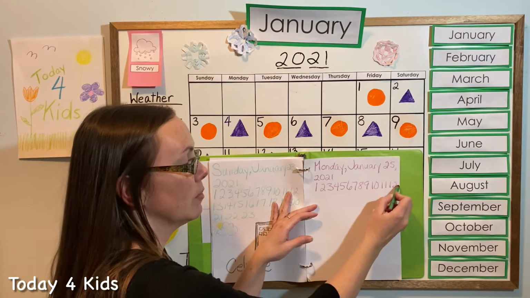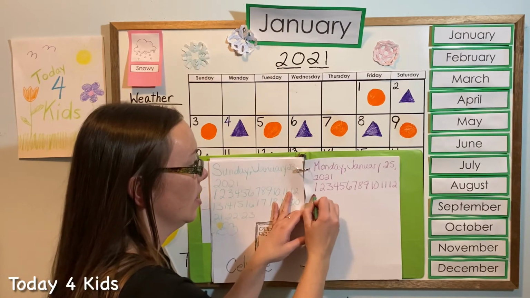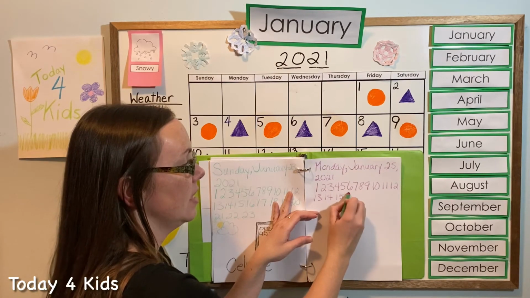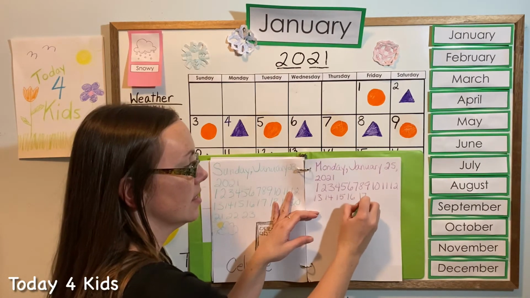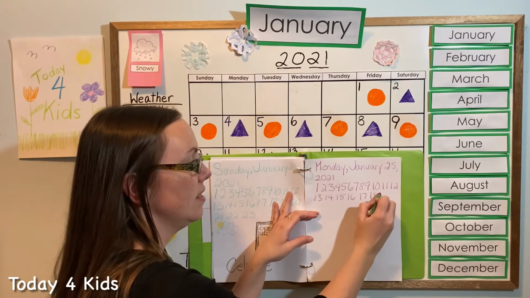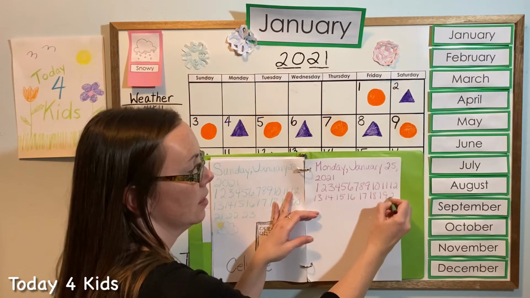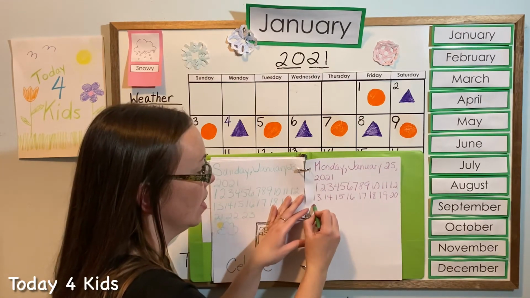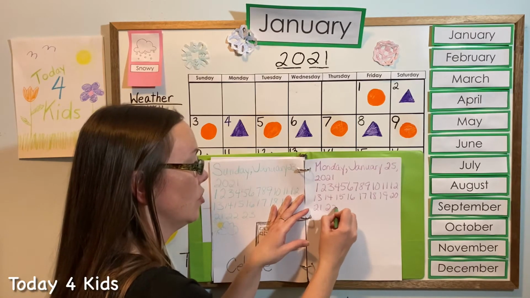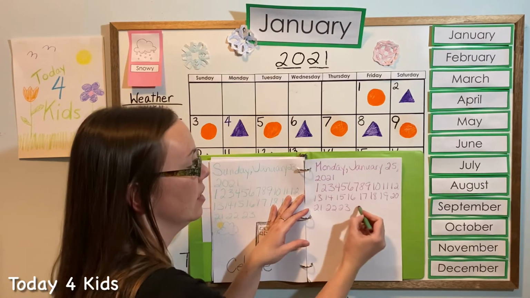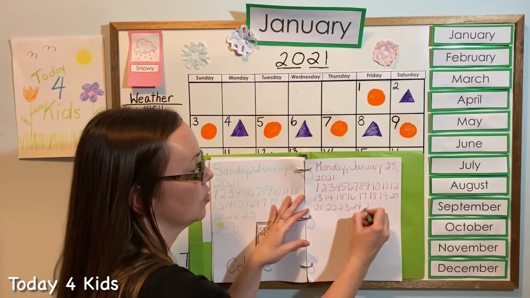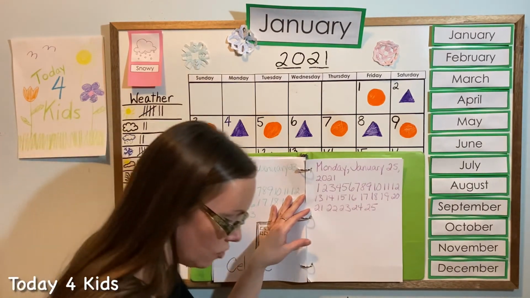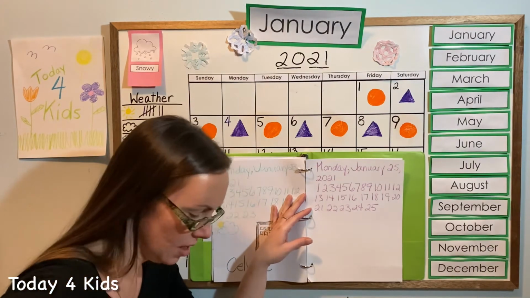I ran out of room, so I'm going to go down and come back to this side. 13, 14, 15, 16, 17, 18, 19, 20, and I ran out of room again, so I'm going to come down and go over to this side. 21, 22, 23, 24, and 25. That was a lot of numbers. Good work. Did you do it with me on your own piece of paper?